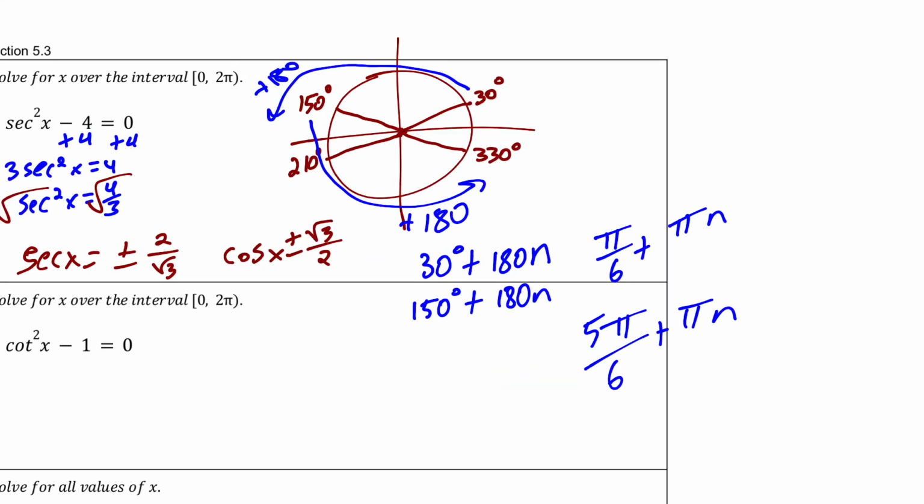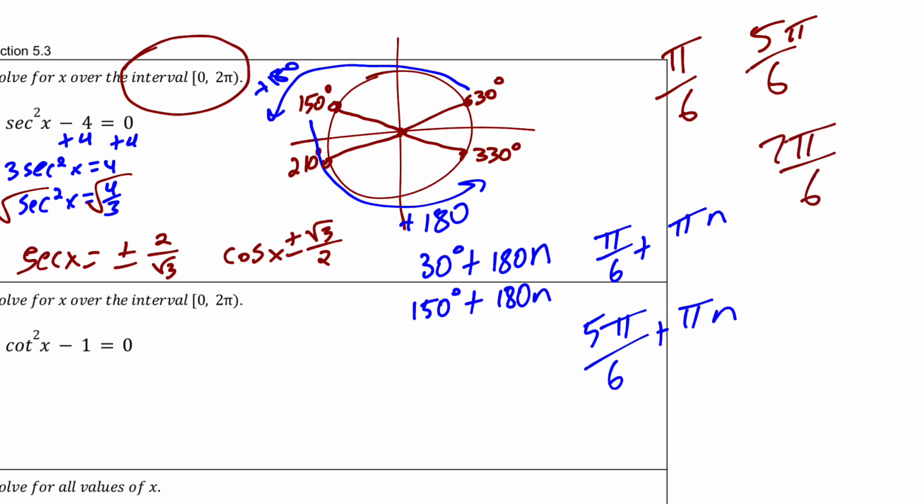Oh, just an observation, only on this interval. So actually, those are just your only 4 answers. You're done. You don't have to solve it forever. So ignore the plus n stuff, just those 4 answers. Pi over 6, 5 pi over 6, 7 pi over 6, and 11 pi over 6.